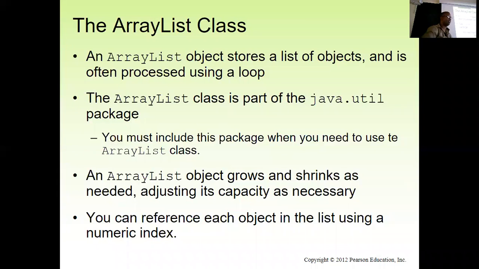Any object of type array list can store a variable amount of objects. If you add one, it grows in size. If you remove an object, it shrinks in size automatically.